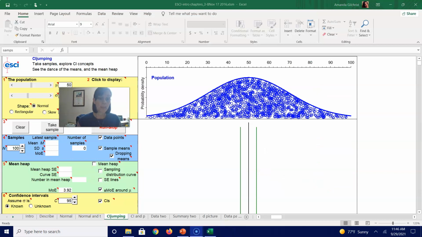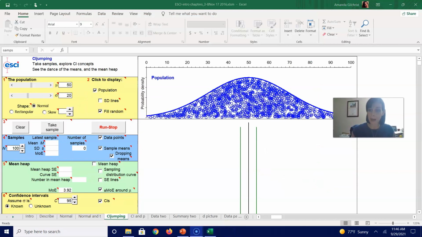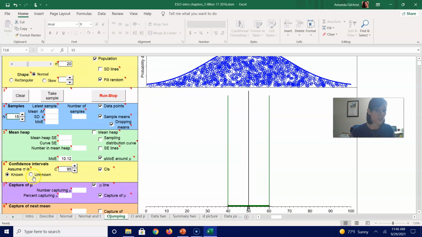We're going to have our population mean of 50 and our sigma of 20. I am going to do 15 in our sample. I am going to assume that sigma is not known. So I want you to watch what happens when I do this.